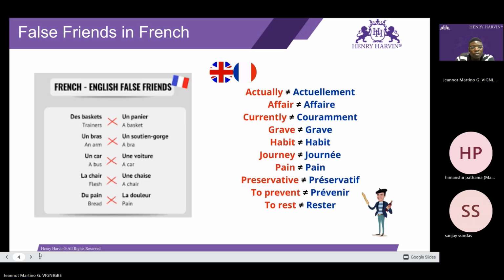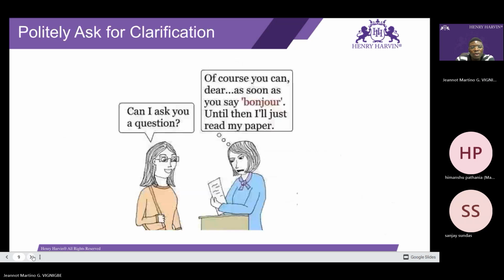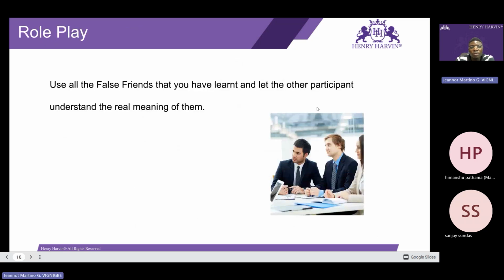From the task that we have on the last screen, we're asking you to use some false friends and try to get the real meaning. Is there any false friend that you still remember? Is journal also a false friend, right?